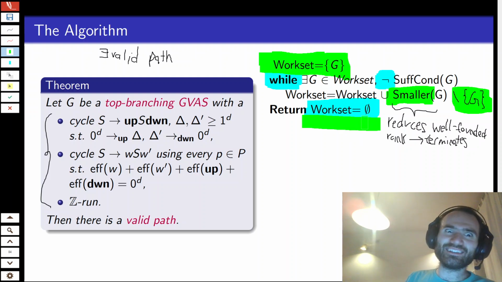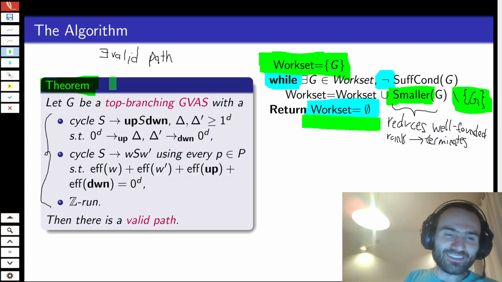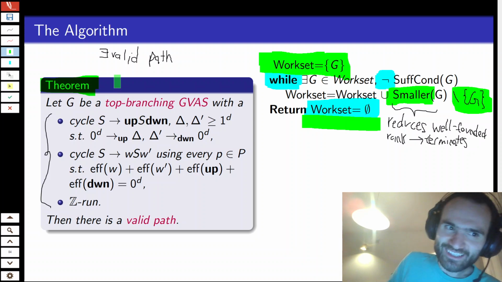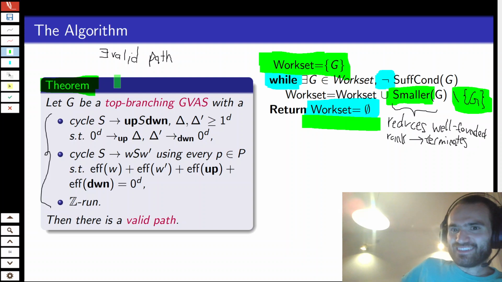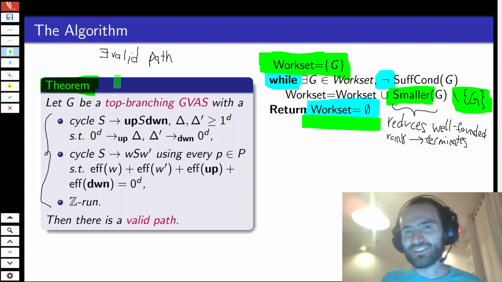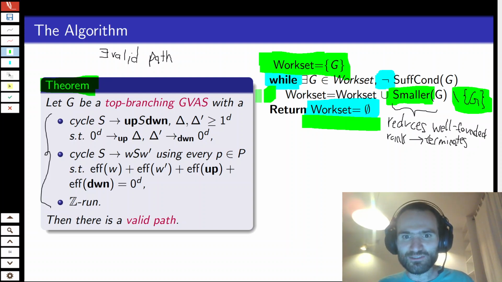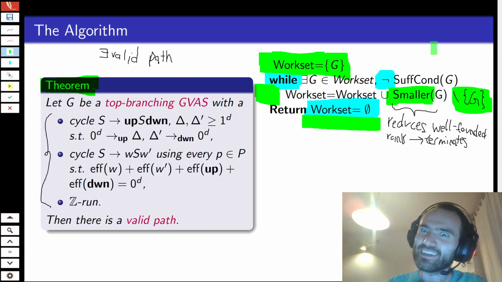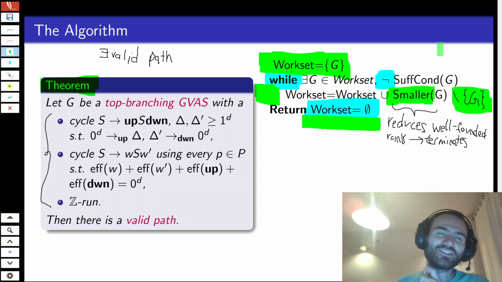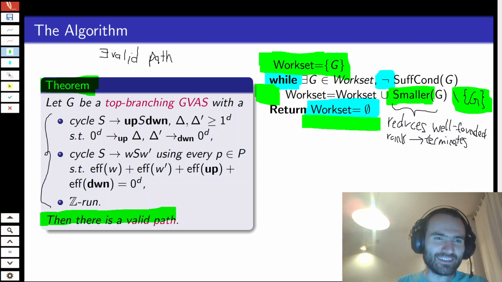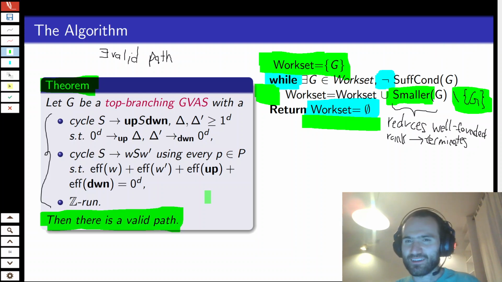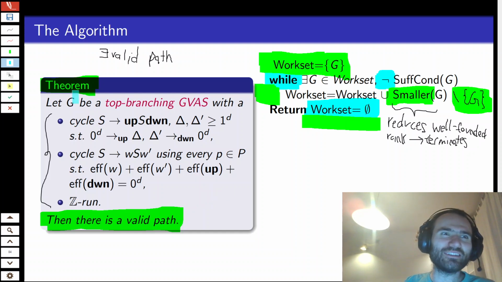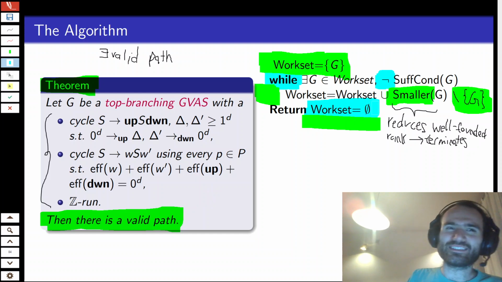This is exactly where this theorem comes in. This theorem tells us that if anything survives in the work set, so if there is at the end some GVAS that fulfills the sufficient condition, remember exiting the while loop means that everything fulfills the sufficient condition, then the theorem guarantees us that there is a path. So in order to decide whether there is a path or not, we just have to check whether this is empty and answer accordingly.